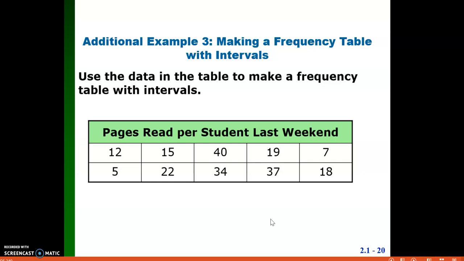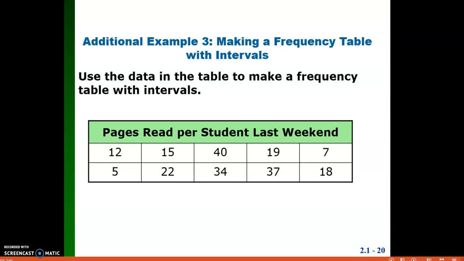If 10 is my class width, then you have to think about how many classes you can create. There is an easy way, a formula to find the number of classes. Number of classes equals range divided by class width. Or if you want to find the class width, you can use range divided by number of classes.